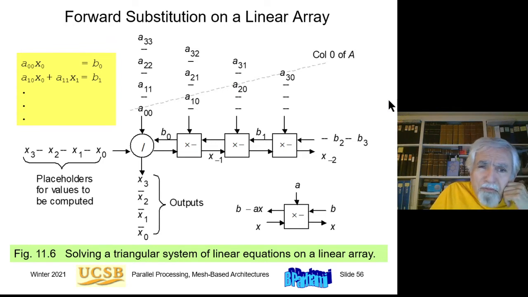From the above, we receive the triangular matrix. From the left, of course, the x's are what we are trying to compute, so the x's are not known. These are just placeholders. Basically, they indicate timing. So the first thing we do, we compute x0. And x0 is computed by dividing b0. So the b values, the right-hand sides of the equation.